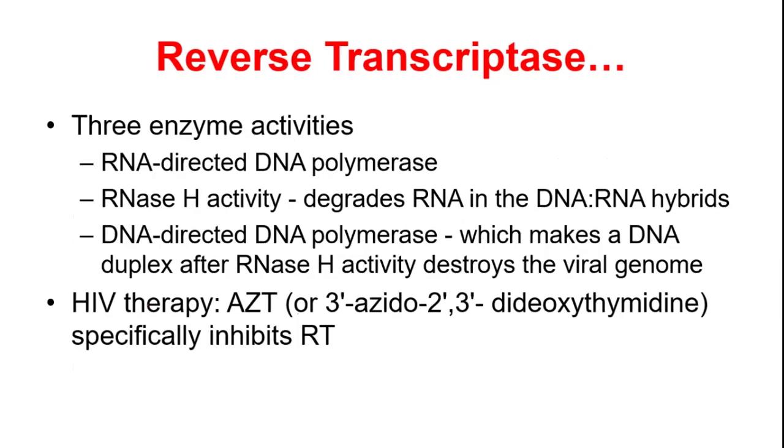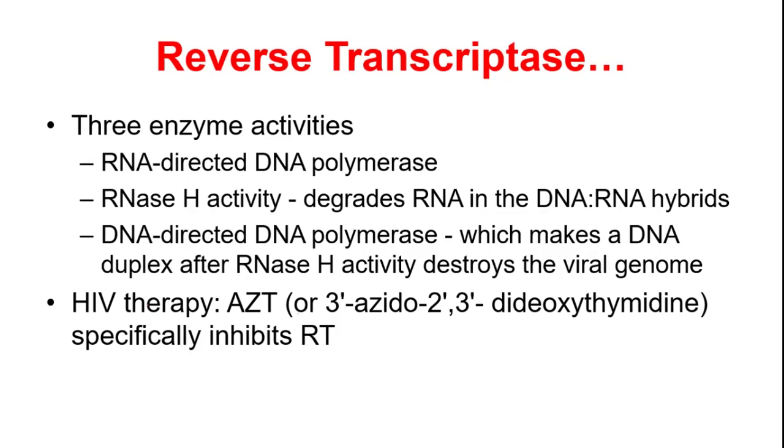So 3 enzymes are very important in this process. Number 1, RNA-directed DNA polymerase. Number 2, RNase H, whose activity is to degrade the hybrid that is formed by DNA and RNA. Remember that the DNA is a double-stranded molecule and is supposed to contain bases found in DNA. Then number 3, DNA-directed DNA polymerase, which makes the DNA duplex after the RNase has destroyed the viral genome.